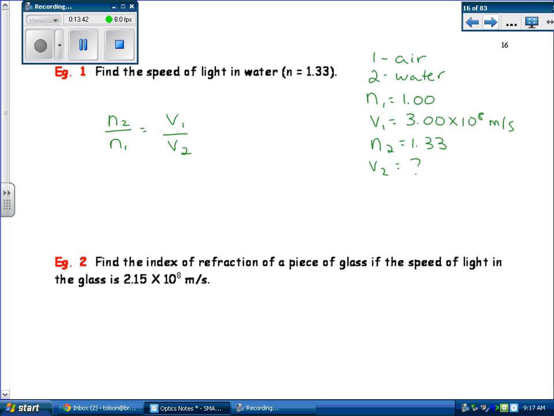However you want to do this, whether you rearrange first and then plug in, or plug in and then rearrange, what you're doing is cross multiplying and dividing. So V2 is going to be N1 V1 over N2. So 1.00 times 3.00 times 10 to the 8 meters per second.